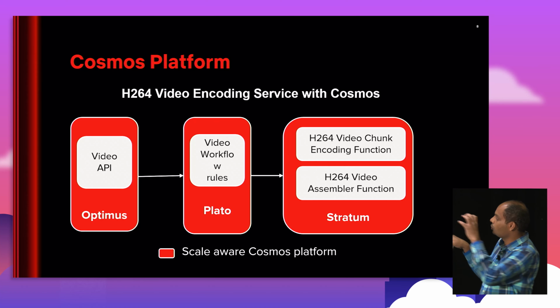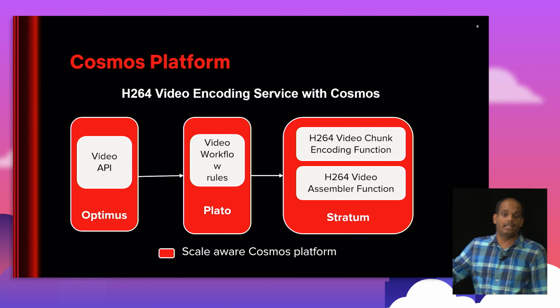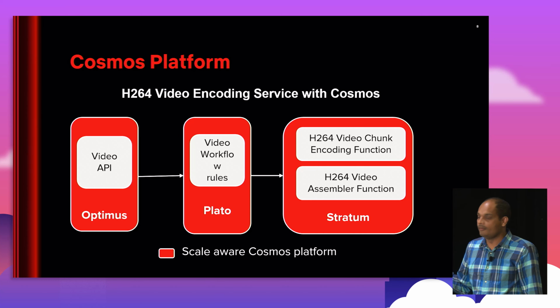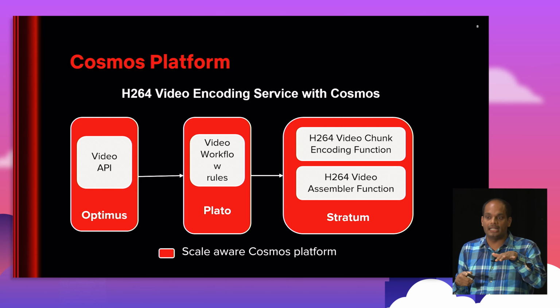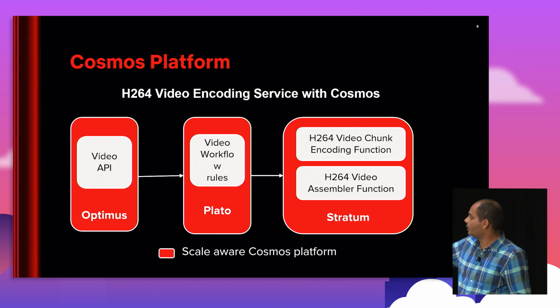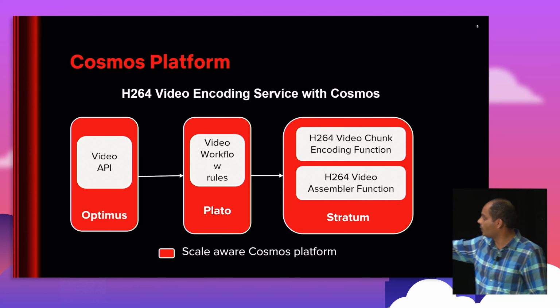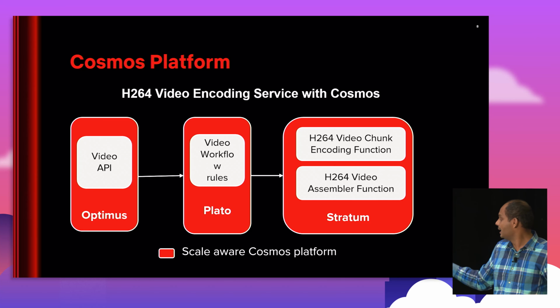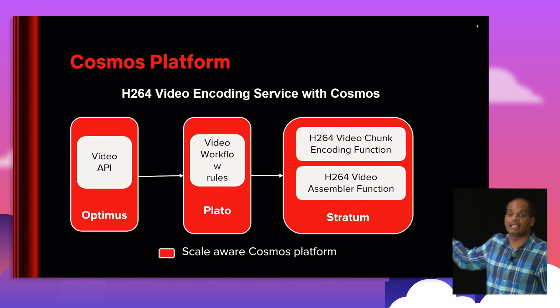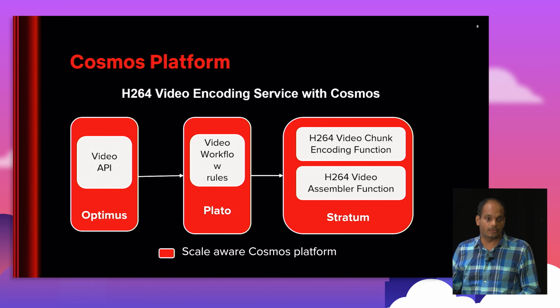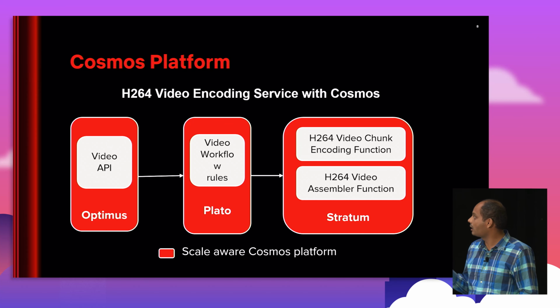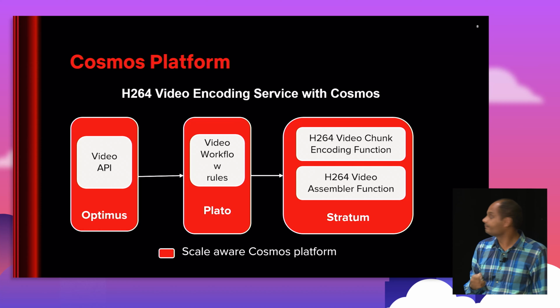Now, if you zoom out to the red boxes, those are where we come in as the Cosmos platform. In each layer we provide an affordance and a platform which is fully managed, and where we bake in the durability, which we'll talk about more. So for API, there's Optimus, and for workflow, the Plato platform, and Stratum is the serverless platform we have in Cosmos. And for this talk, we'll focus on Plato.